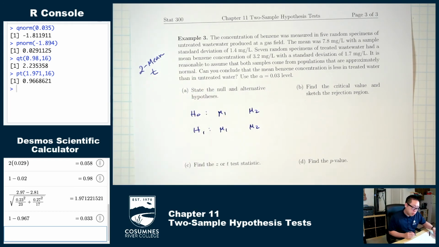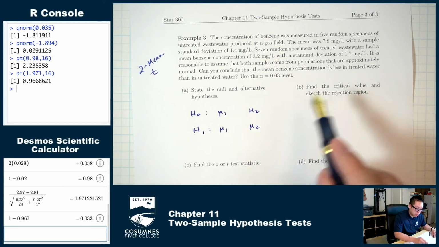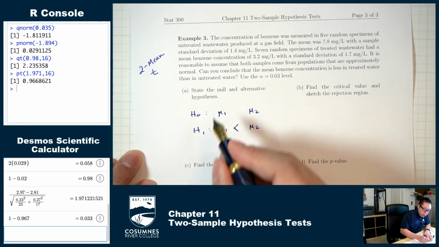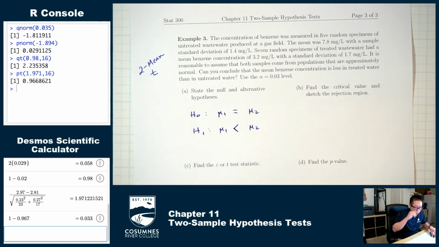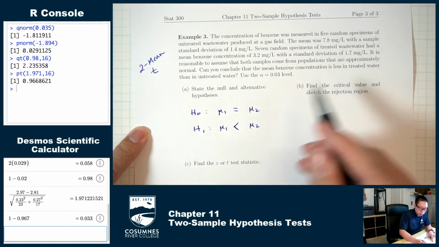All right, so this says, can you conclude that the mean benzene concentration is less in treated water than in untreated water? So I'm going to go with a less here. And then H0 will be equals. It's going to be important for us to label what 1 is and what 2 is. For this to be a less, I want it to be less in treated water than in untreated.